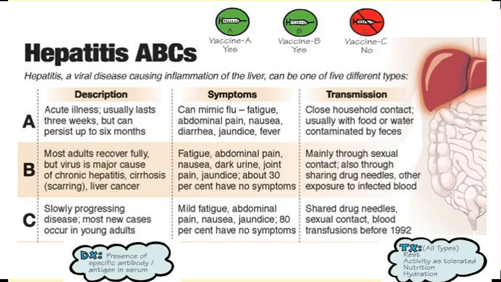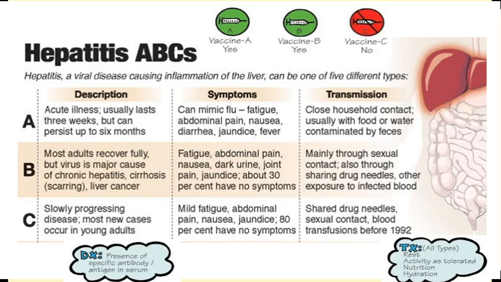So it goes undetected for a long time, and then the damage is already done, and they actually have cirrhosis. There's so much scarring on the liver by the time they are diagnosed with it.